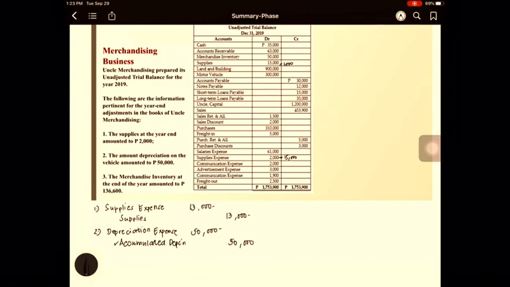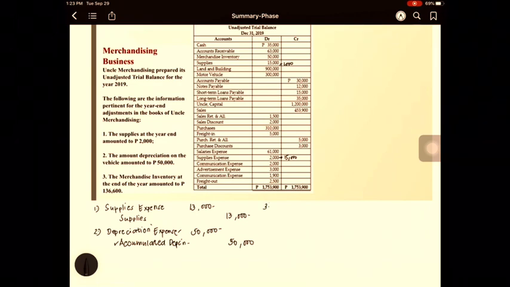But your accumulated depreciation is not an income statement account. This is an account that shall be reflected in your statement of financial position. However, your depreciation expense, being an expense, is an income statement account. That's why it is still necessary for us to make such an adjustment.